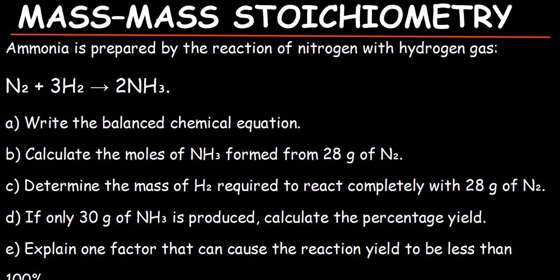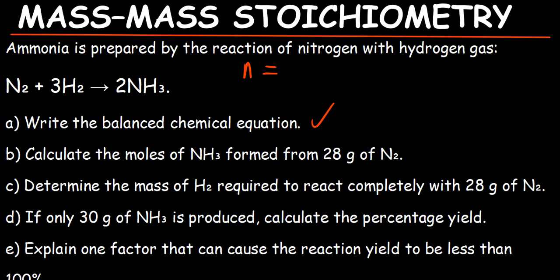We come to B, calculate the moles of ammonia formed from 28 grams of nitrogen. Since I've talked about nitrogen, we have to find the molar mass of nitrogen. We have to find the number of moles of nitrogen. The number of moles for nitrogen is just going to be the mass over the molar mass.